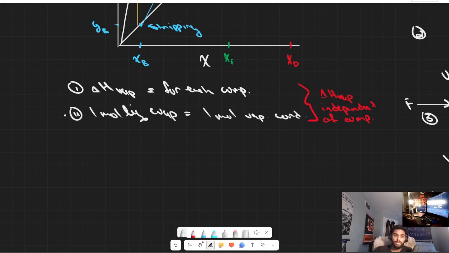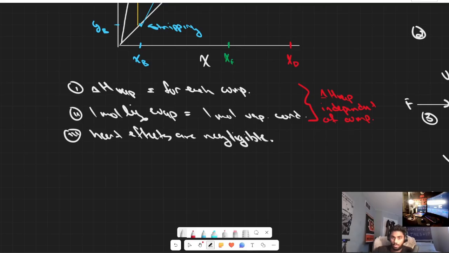And the third one is that heat effects are negligible. So these are the 3 big assumptions when it comes to the McCabe-Thiele method.